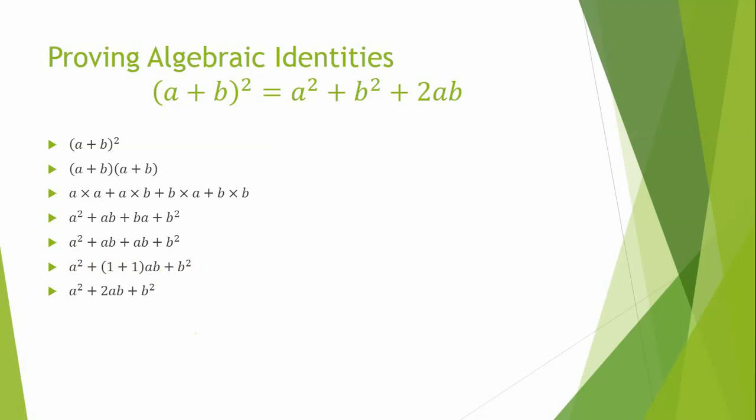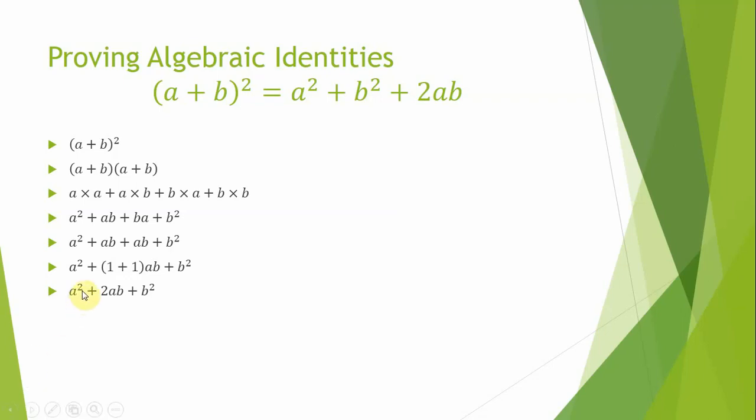Finally, we get the expression a squared plus 2ab plus b squared. For an explanation about like terms and how to group like terms together, check out my previous video. You can also search for addition, subtraction, multiplication, and division of polynomials of algebraic expressions on my YouTube channel.